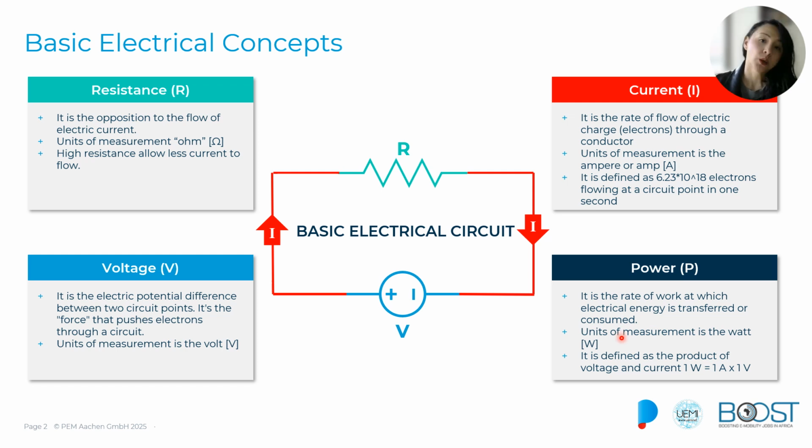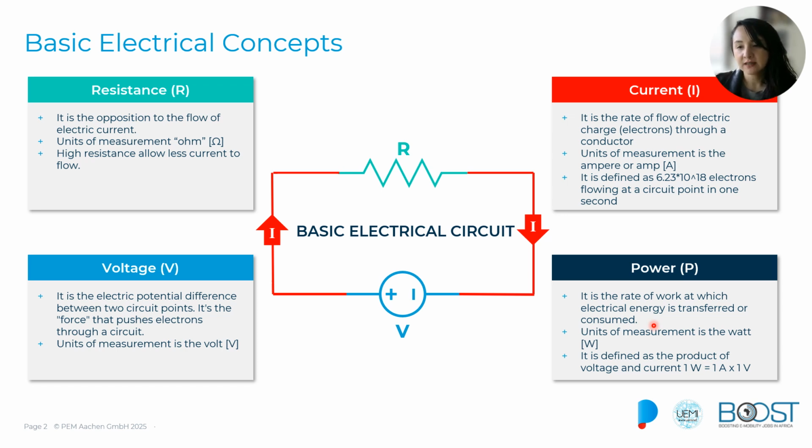And finally, we have the power, and the power is a measurement of how much work the electricity is doing, and we can relate it with the water flowing. For instance, if we use it to spin a water wheel, the energy that is being used is going to be related to the power.